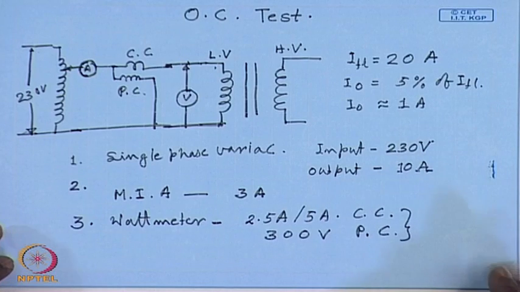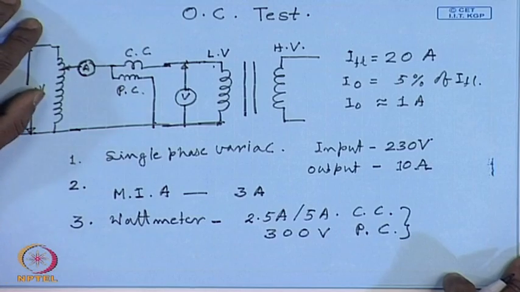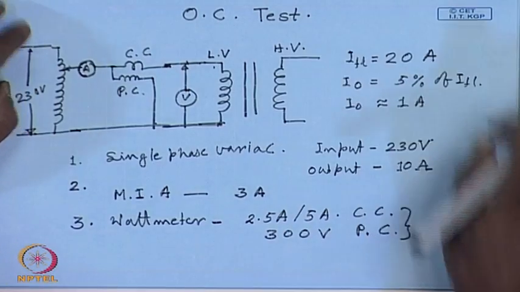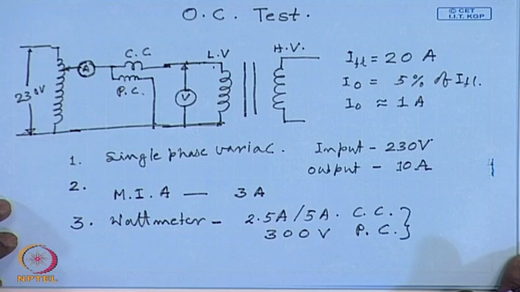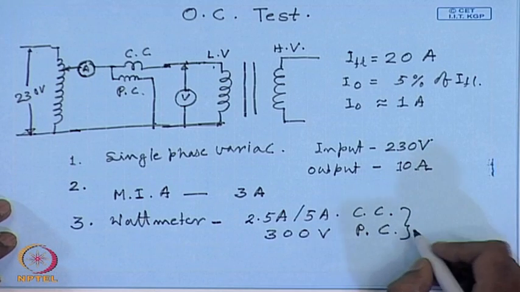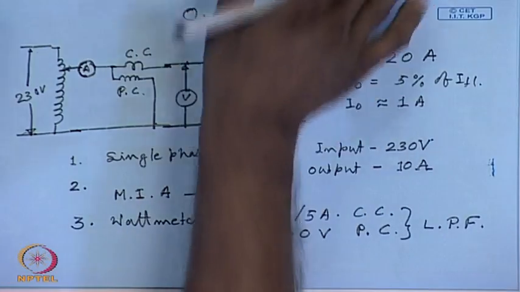Most importantly, for getting an accurate result, we will have to be careful about the type of the wattmeter. At no load, the power factor is very poor, it is close to 0, less than 0.2. So, this must be a low power factor wattmeter.